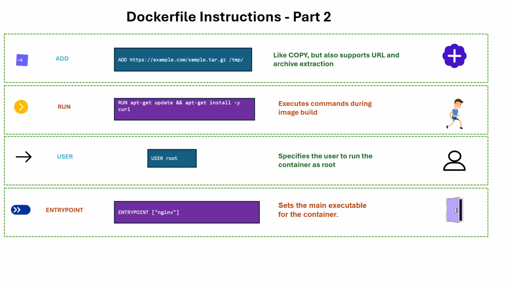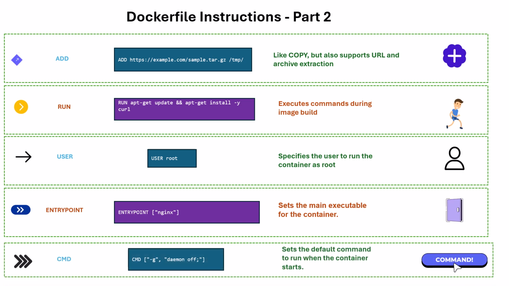The last command for the day is the CMD command. CMD is the default command that runs when the container starts. You can override it when you start the container. It's like a default behavior.